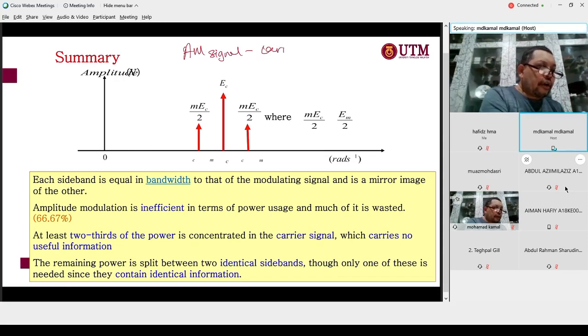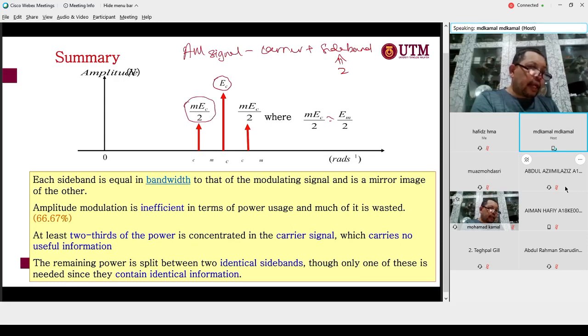Carrier plus sideband. Okay, you know, carrier plus sideband. So that means you have two sidebands here. So this is the amplitude, and this is the amplitude for the sideband, lower sideband and upper sideband.